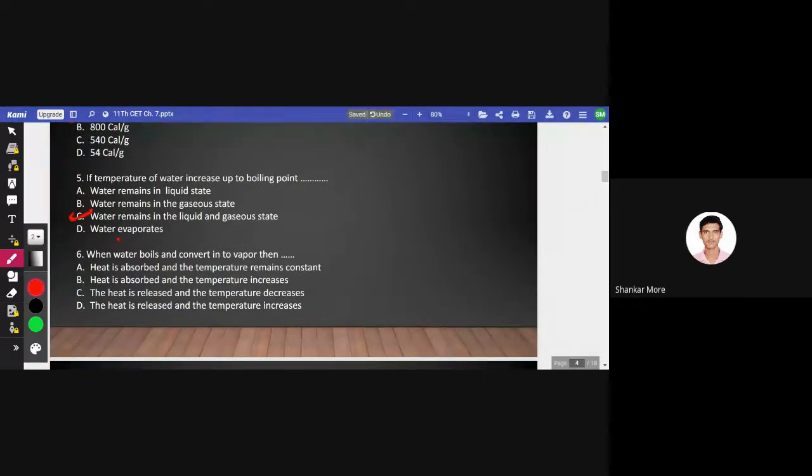Question 6. When water boils and converts into vapor, then heat is absorbed and the temperature remains constant; heat is absorbed and the temperature increases; heat is released and the temperature decreases; or the last option, heat is released and the temperature increases. What happens when water boils and converts into vapor?